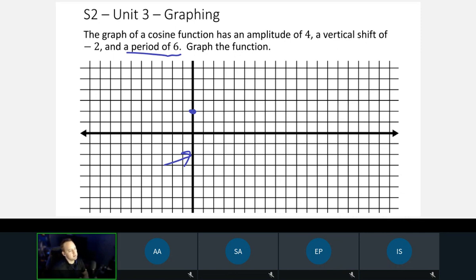How wide it is, I guess. I know what you mean, but I want different words to explain it. Emily says the period is how wide it is, and that's sort of correct. Anybody else have more specific words?